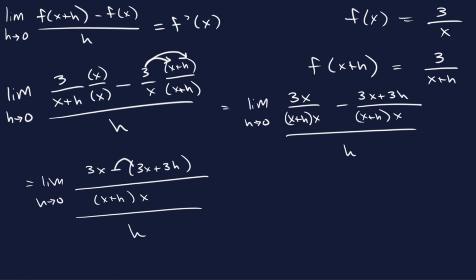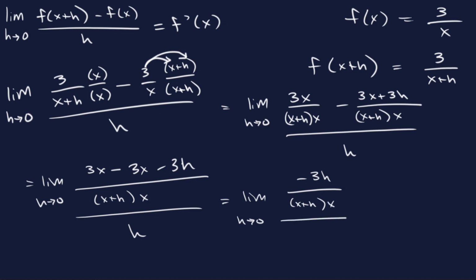Now we can distribute this negative sign to make it minus 3x minus 3h, and then the 3x's will end up canceling. And so what you are left with is the limit as h approaches 0 of negative 3h over x plus h times x, over h.